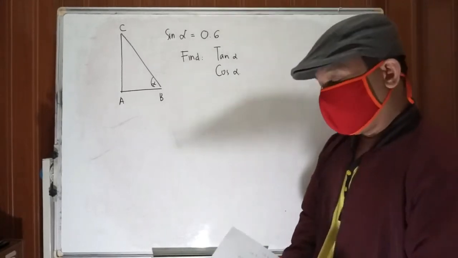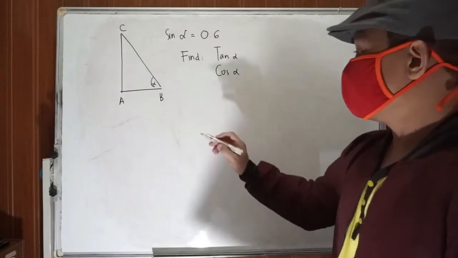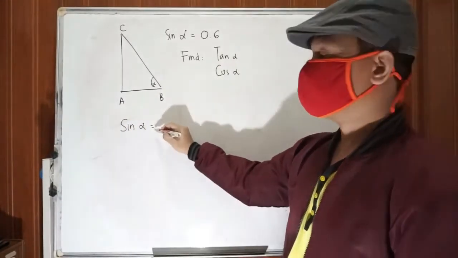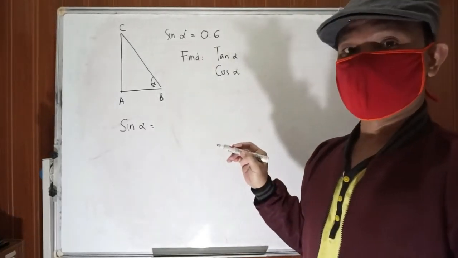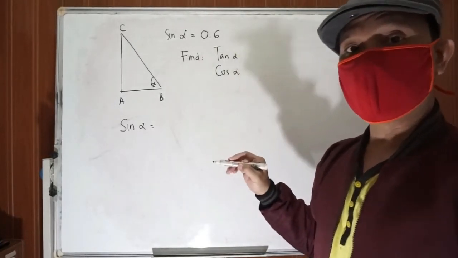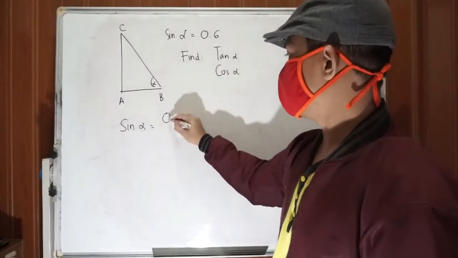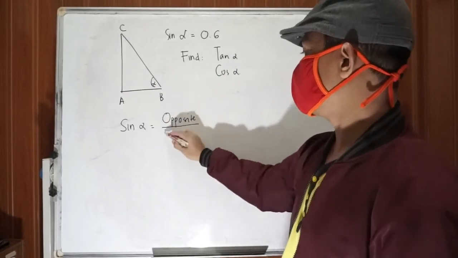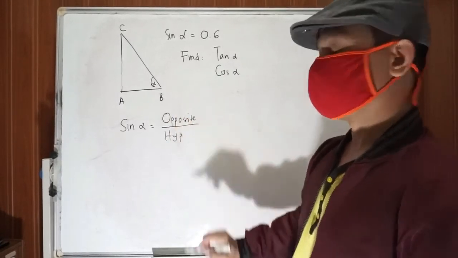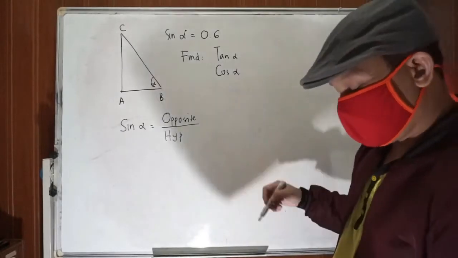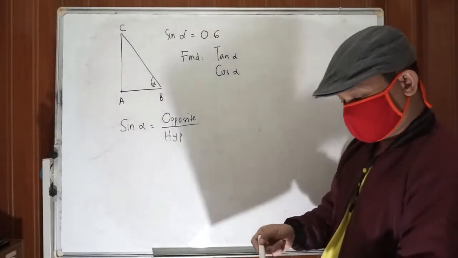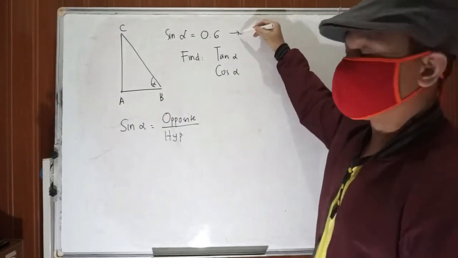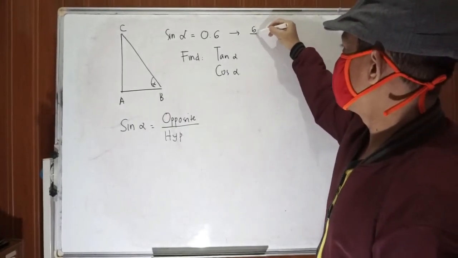As I informed before, sine alpha equals SOH, right? Opposite over hypotenuse, right? So sine alpha equals 0.6. We can change this decimal to a fraction, which becomes 6 over 10, right?